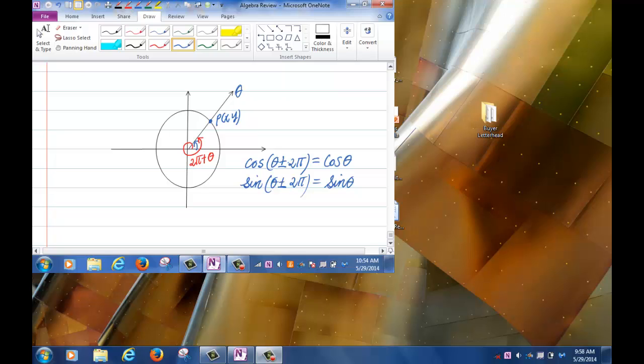Can somebody tell me what happens when instead of 2 pi I add 4 pi or subtract 4 pi? Same thing, right? 6 pi? But what if 3 pi? No, it's not going to happen, because if you add just pi, right, they are not coterminal anymore.